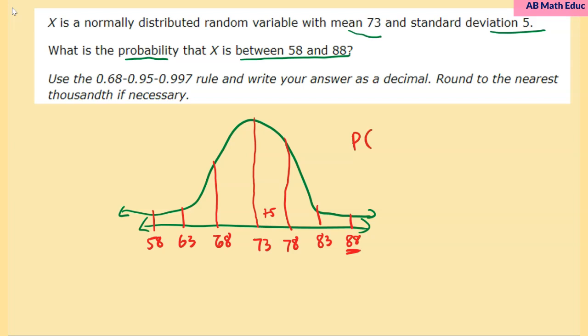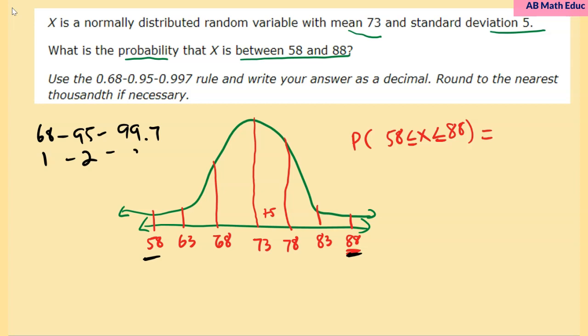So the probability that lies between 58 and 88 is just within the 3 standard deviations. And the 3 standard deviations, remember, 68, 95, 99.7 is just 1, 2, 3 standard deviations.